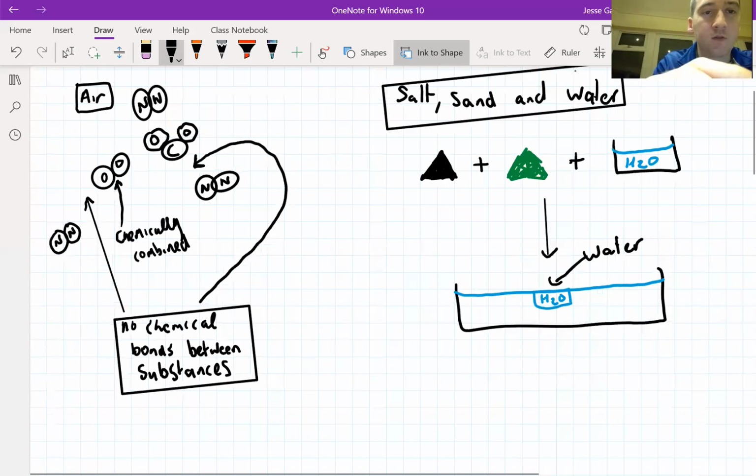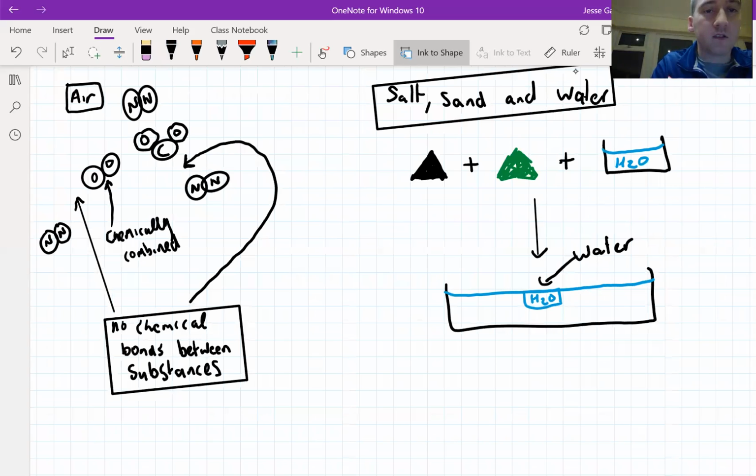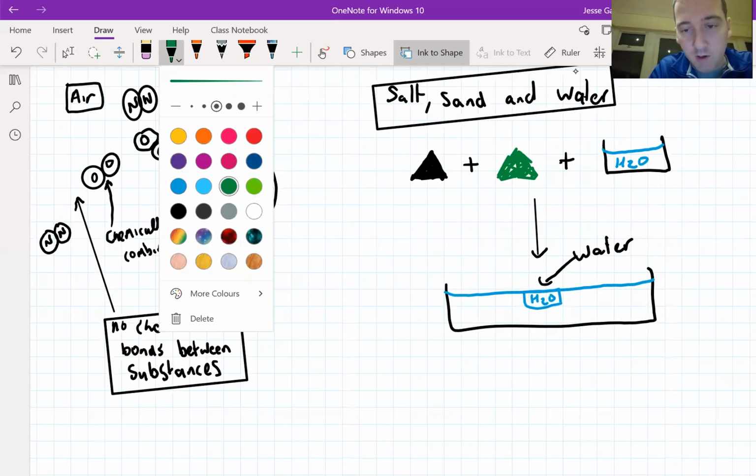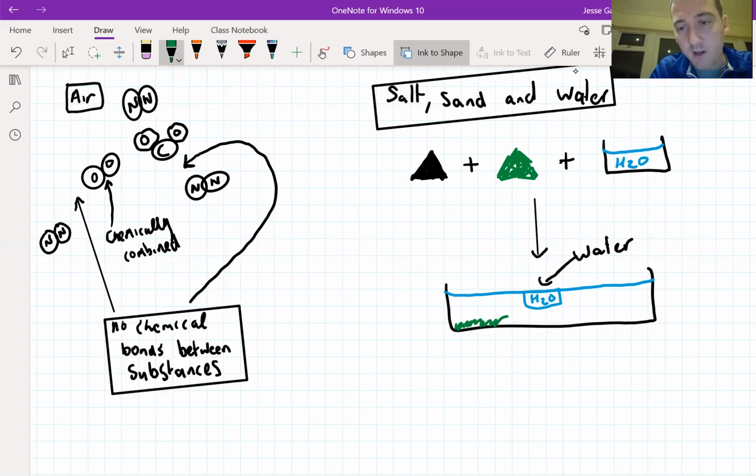Now, my sand, which is green, this substance is going to mix with the water, but eventually it's probably going to settle to the bottom. So the particles of sand settle on the bottom.